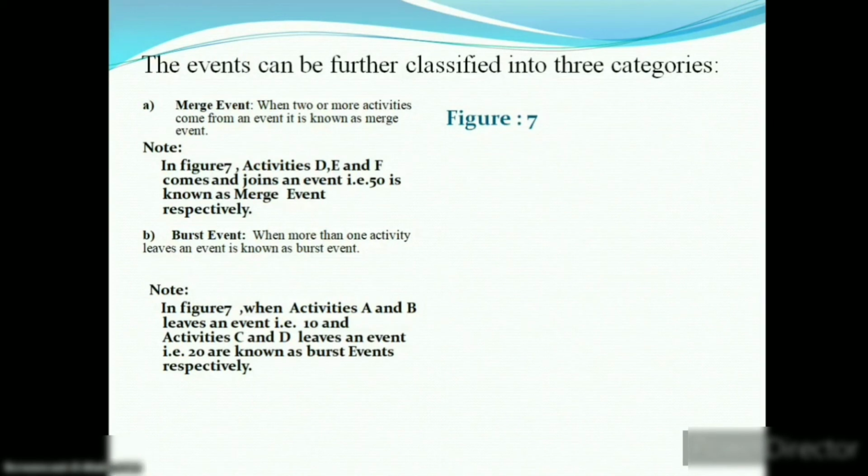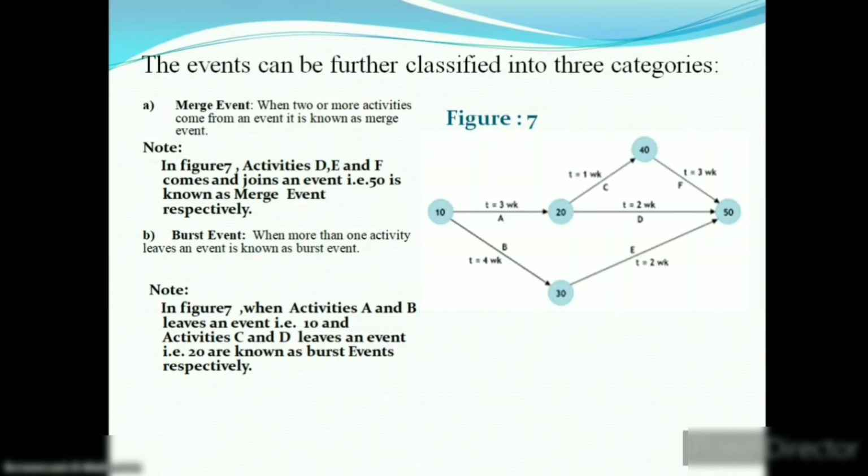When more than one activity comes and joins an event, such an event is known as a merge event. As you can see in figure 7, activities D, E, F come and join an event, that is 50, which is known as a merge event. Whereas when more than one activity leaves an event, it is known as a burst event.